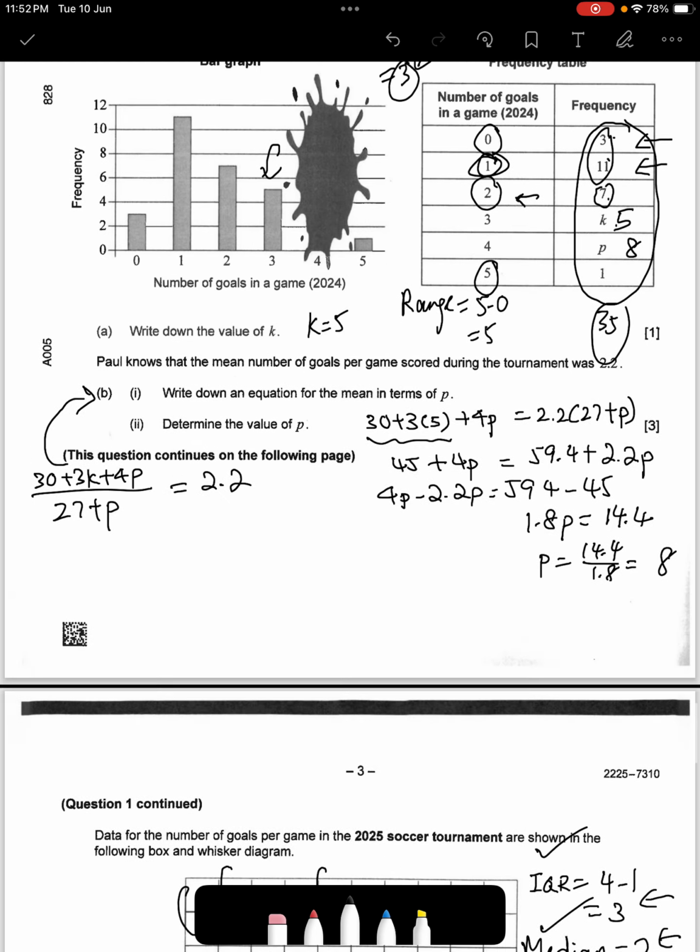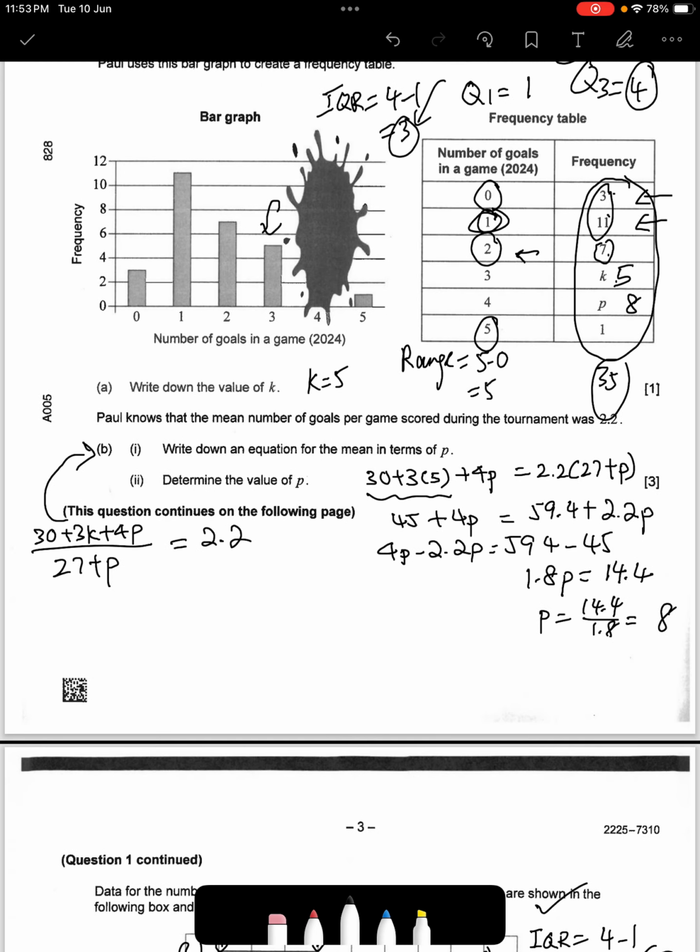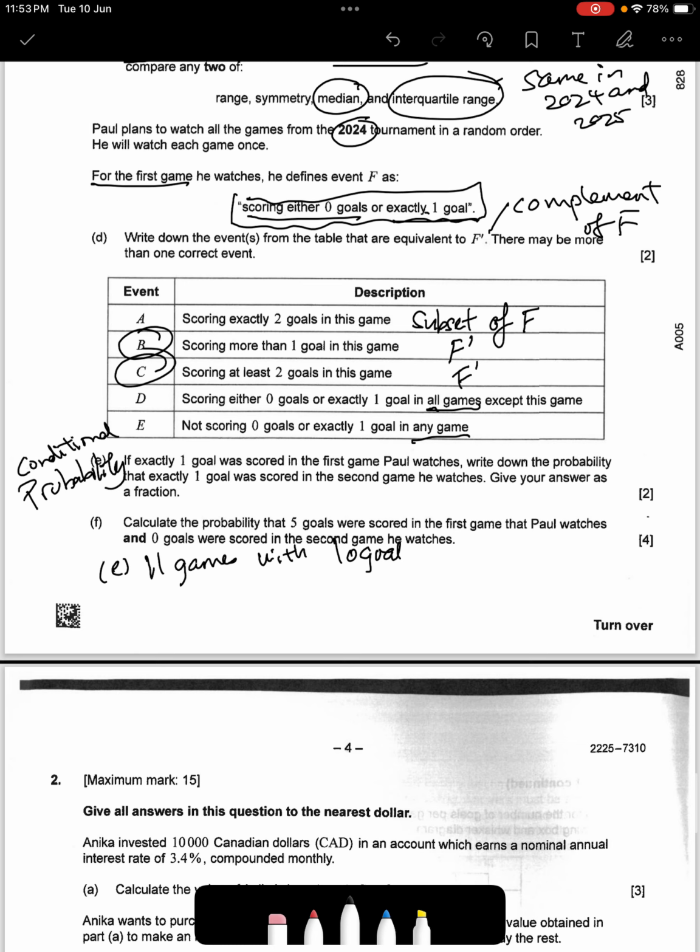If we got 11 games with one goal, there will be 10 games left in this case. So I'm just going to write this down: the probability of one goal in the second game, given that one goal is scored in the first game.